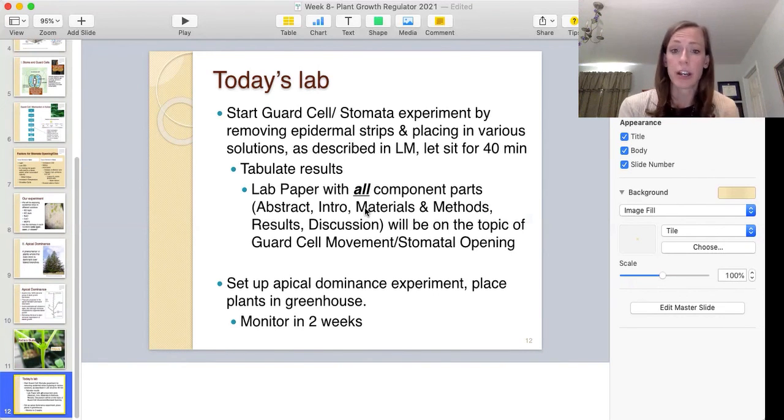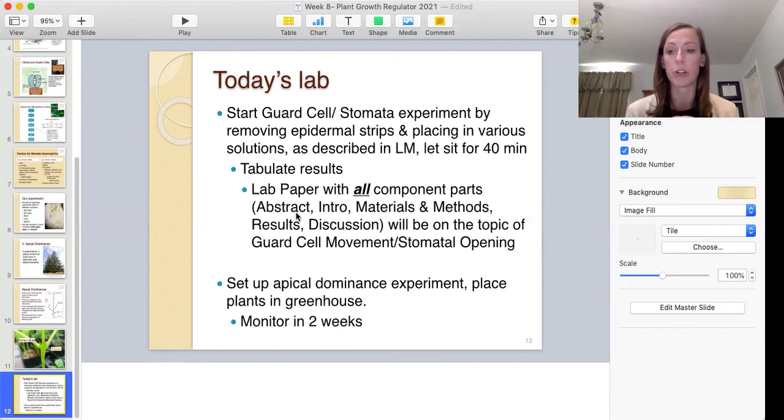I also want to mention that this experiment on the stomata is going to be the experiment that we use to write your lab paper. So you're going to compile one large lab paper for the end of the semester that has all of the component parts that we've worked through so far. We haven't worked through the abstract yet, but that is just a summary.